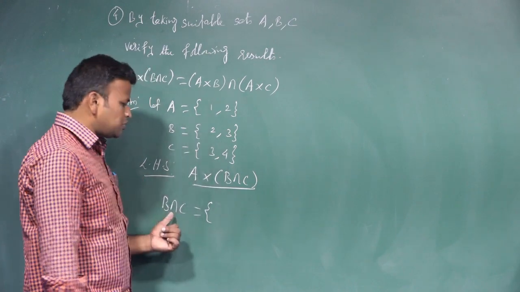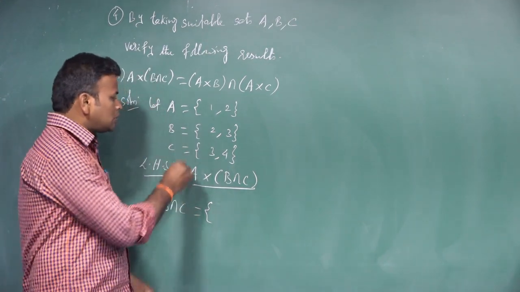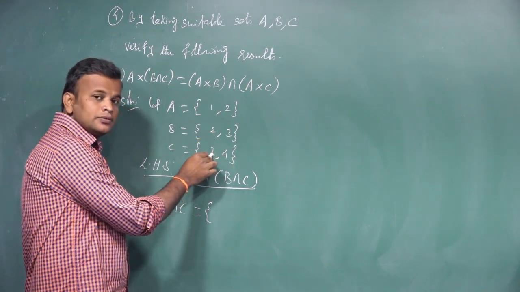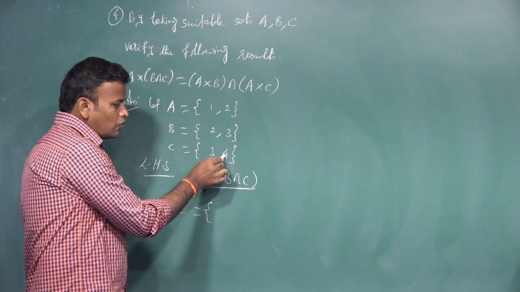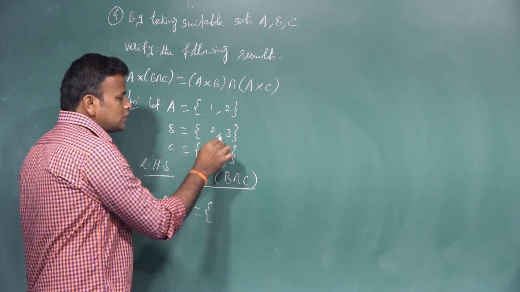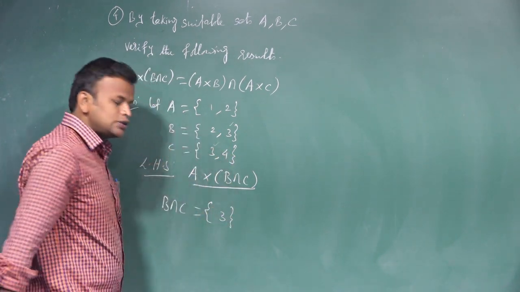You know very well, intersection means common. What is the element common in B and C? 2 is not there. 3, you see in both sets. 4 lies in C but not in B. So what is the common element in B and C? Just one element, that element is 3. So we write it.